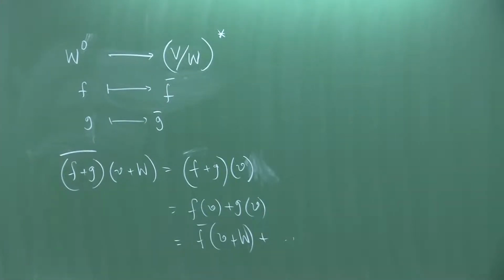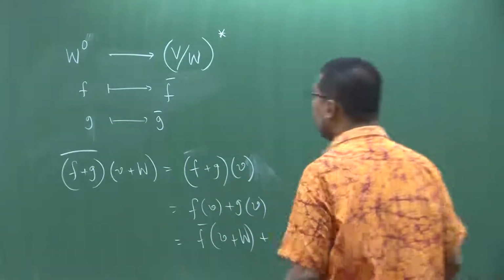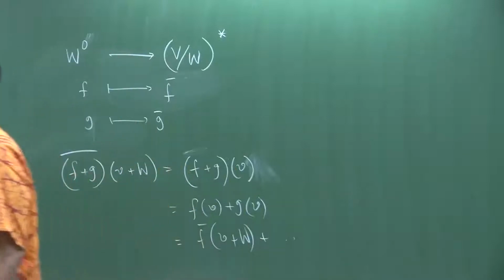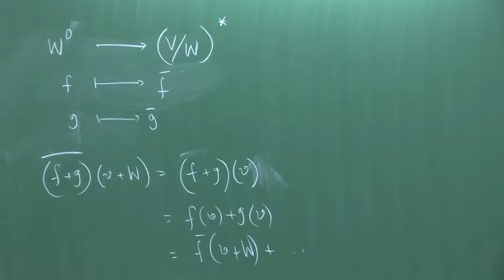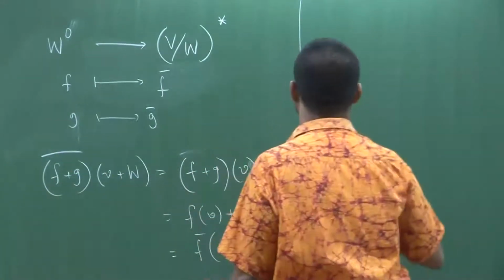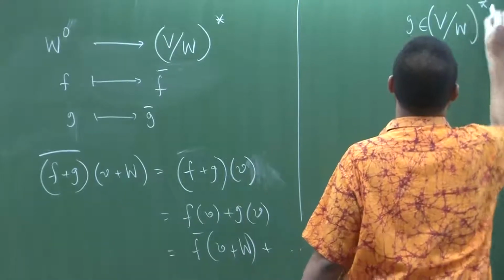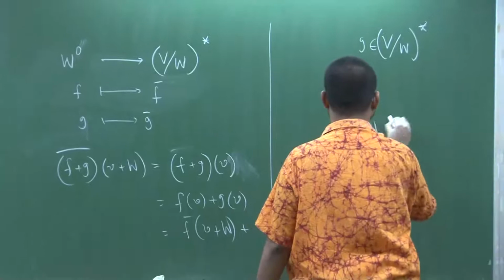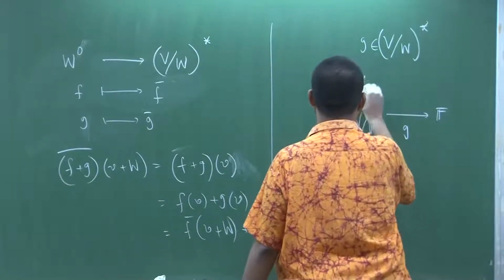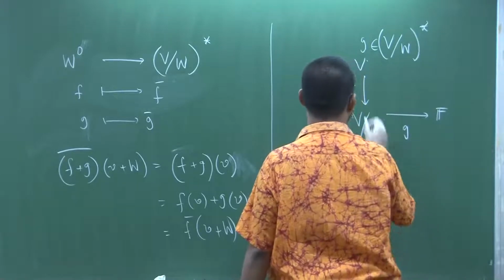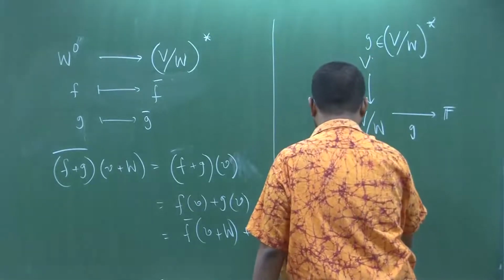Now, this is a linear map from here to here, and what about the injectivity or surjectivity of this map? The surjectivity is obvious. Suppose I have g in here. That means from V mod W to F I have the linear map g, and from V to V mod W you have the projection map pi. So, what about g compose pi?